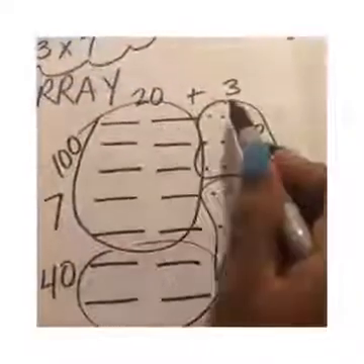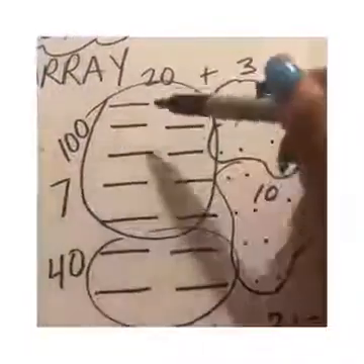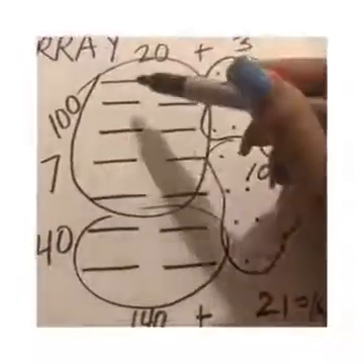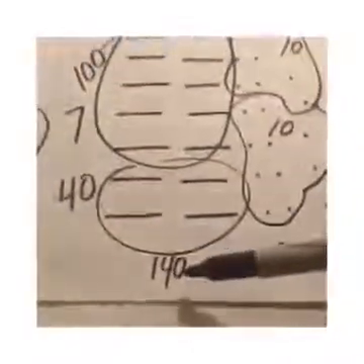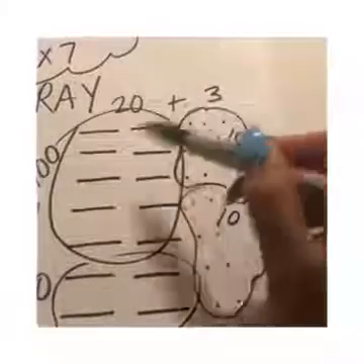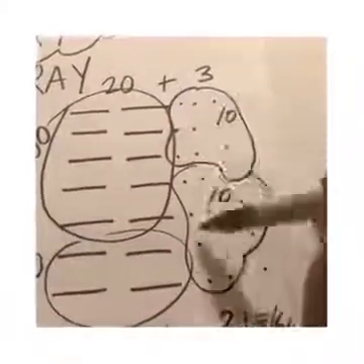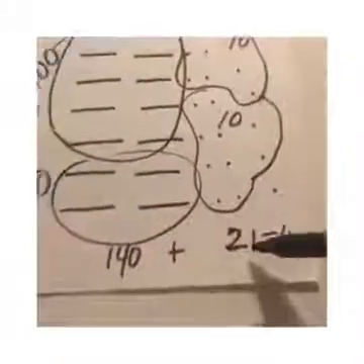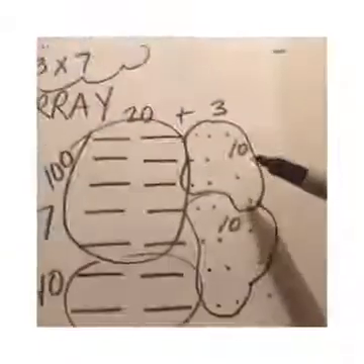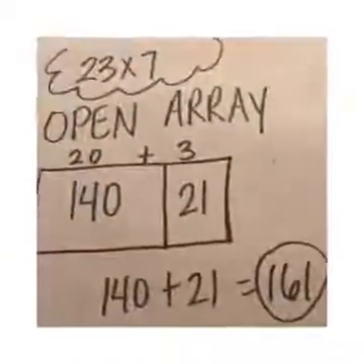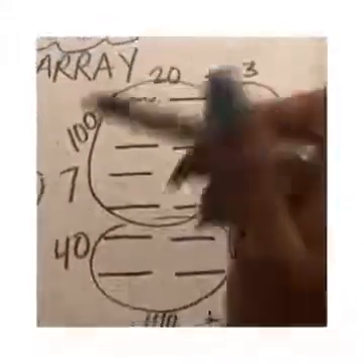So that's how I got 20 plus 3 times 7. When I counted all of these, 20 times 7, I got 140. When I did 3 times 7, 7 rows with 3 in each, it gives me 21. So that's 161. So in order to understand this, your child had to see this.